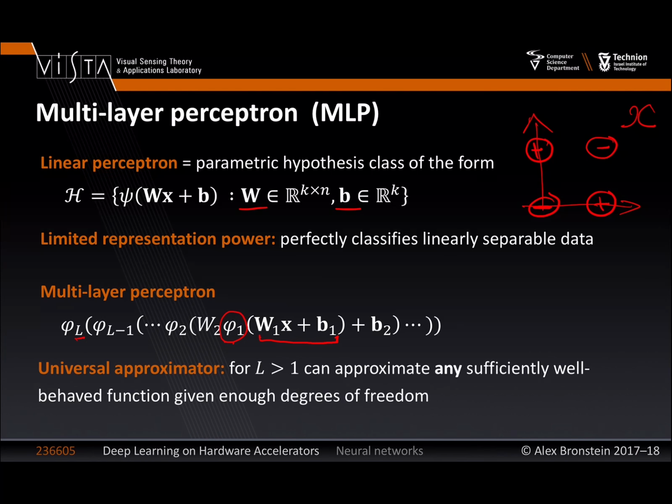Now, for this class of functions, it has been shown that if we have just two compositions of such functions, a linear transformation, a nonlinear transformation, then transforming linearly and again nonlinearly, you can practically approximate any function that is sufficiently well behaved, specifically a Borel function that is measurable.